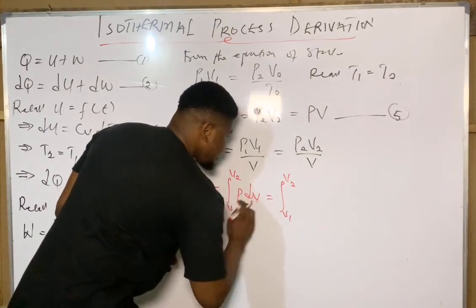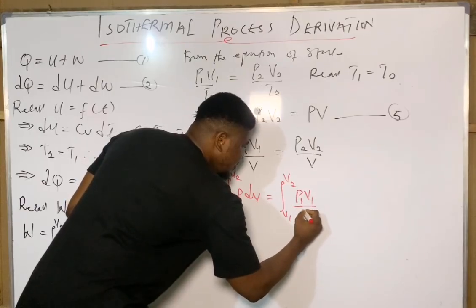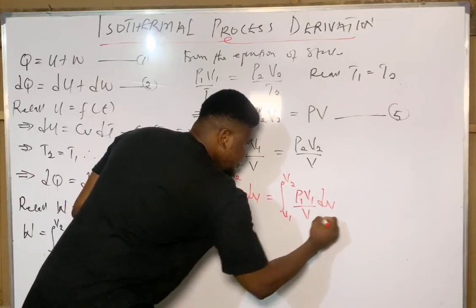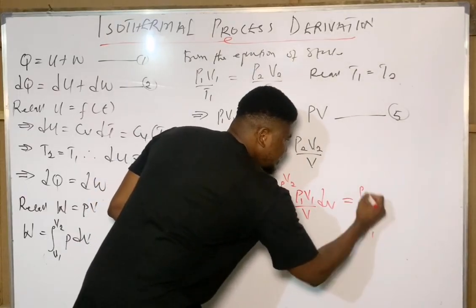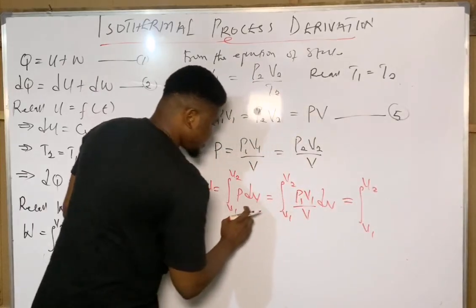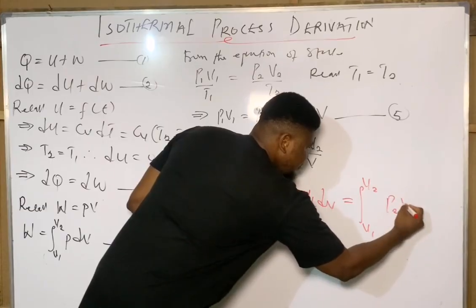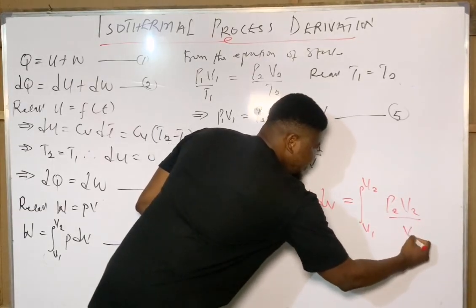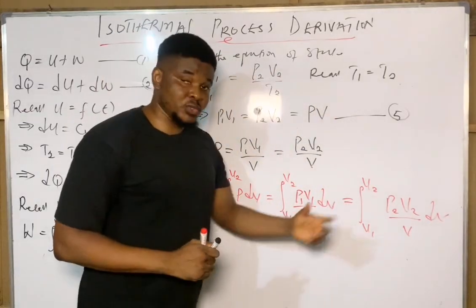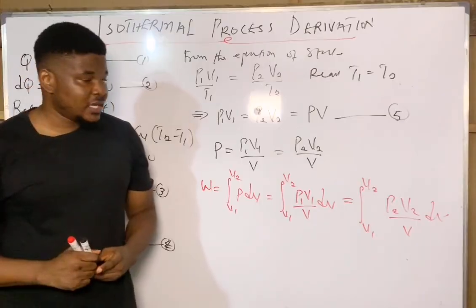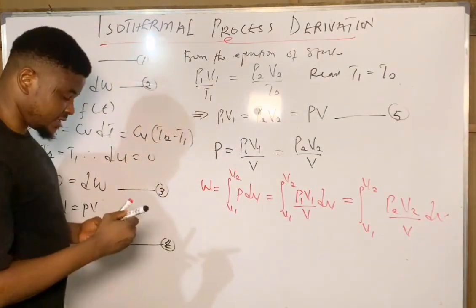In place of P, this is now P1 V1 all over V dV, and this is also equal to the integral from V1 to V2 of P2 V2 all over V dV. Now P1 V1 and P2 V2 are known values of pressure and volume, so they are constant values. You pull them out of the integral sign.